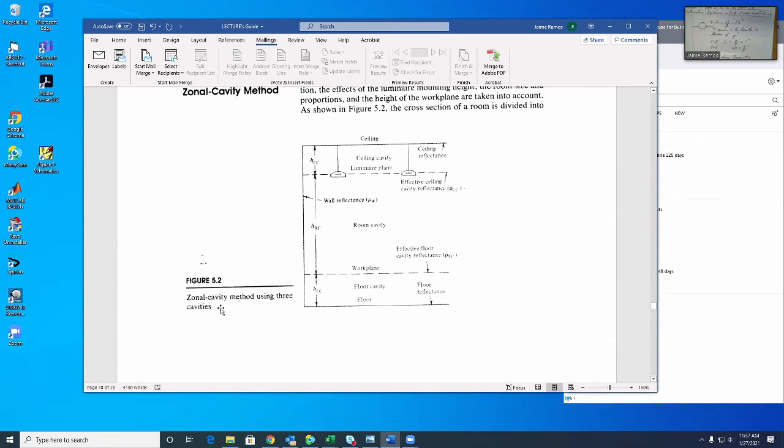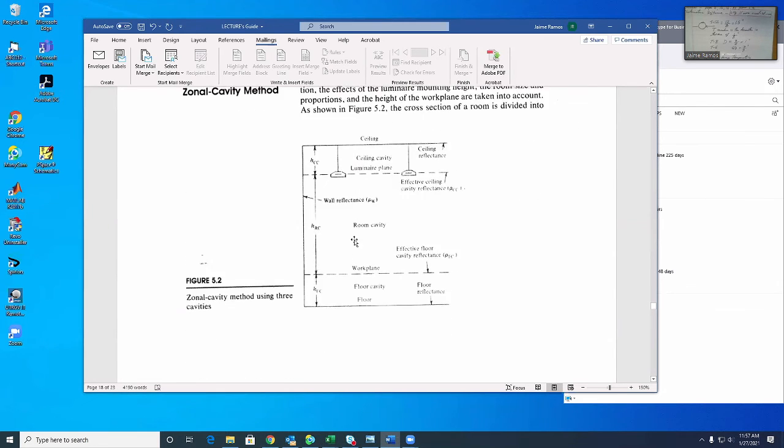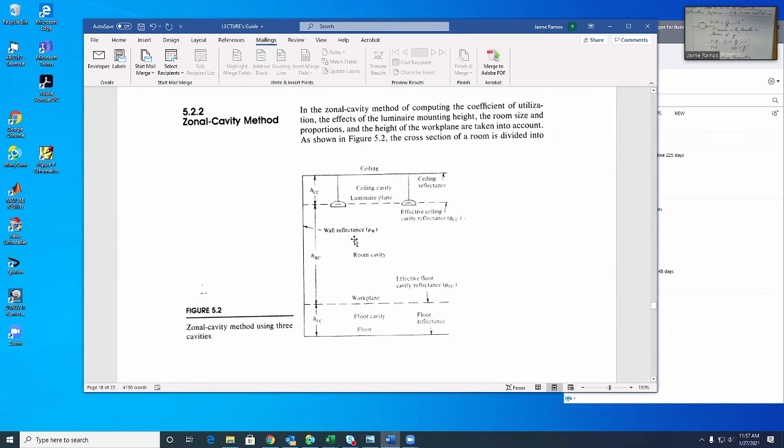So this is called the zonal cavity method using 3 cavities. Okay, so this was the old method when there were no computers. So the design was done with these analytical methods. Now with computers, I think the computer follows a point-by-point calculation.